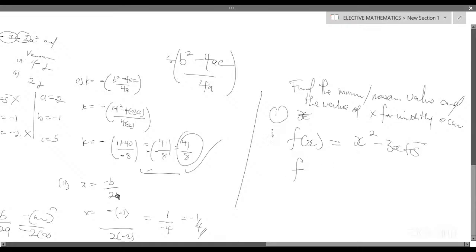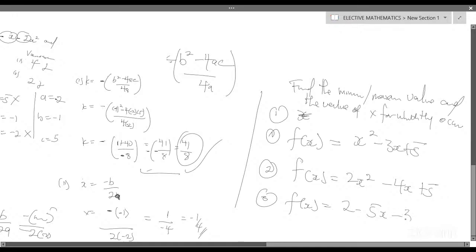So this is question 1. Question 2, we have f of x equal to 2x squared minus 4x plus 5. Question 3, we have f of x equal to 2 minus 5x minus 3x squared. You have calculators. This one should be quick, quick, quick. Okay. So solve.